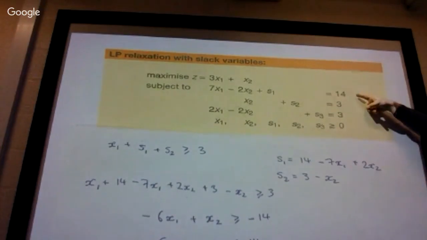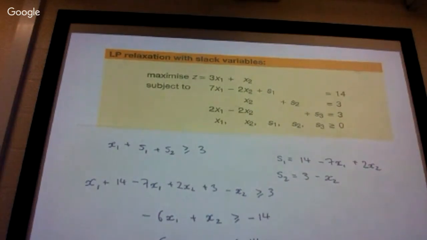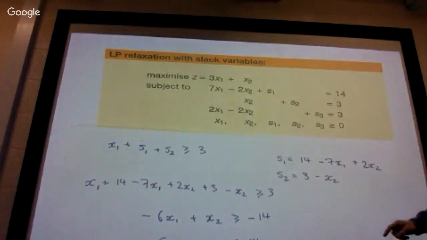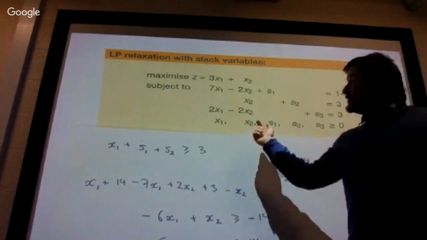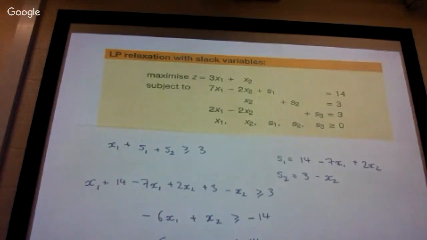And from the second one, I get that s2 is 3 minus x2. It's just from these equations. And then when I have an inequality like this, I substitute for s1 and s2 from these equations, and I get an inequality.